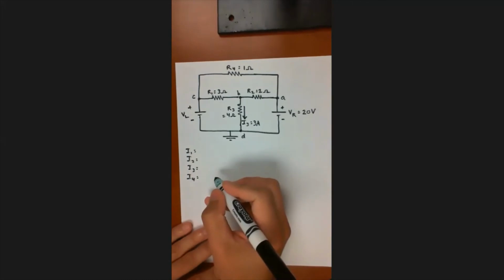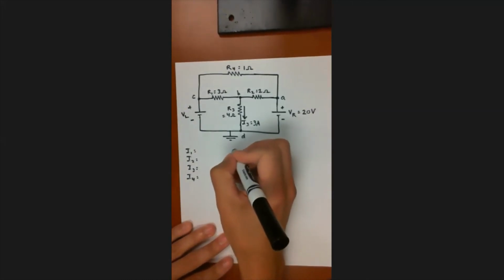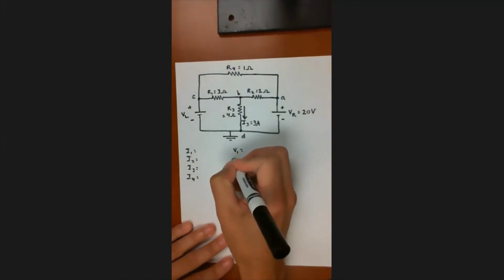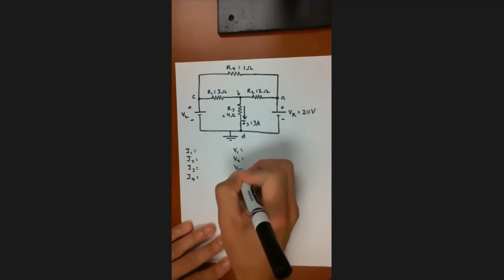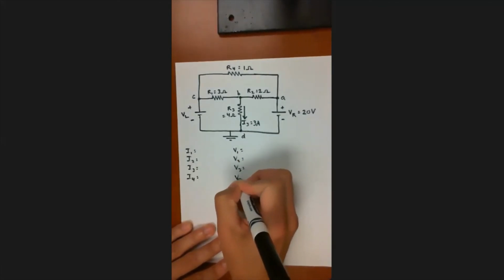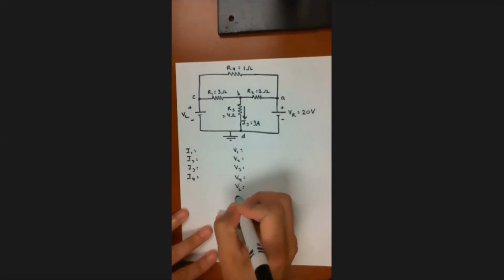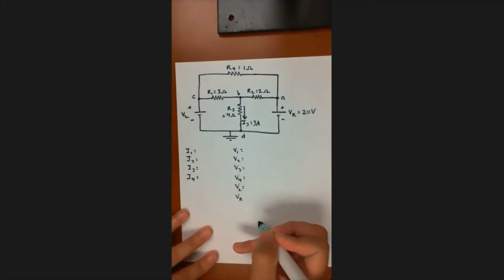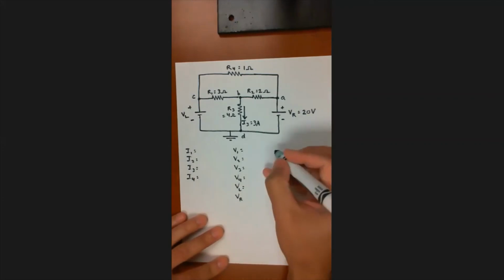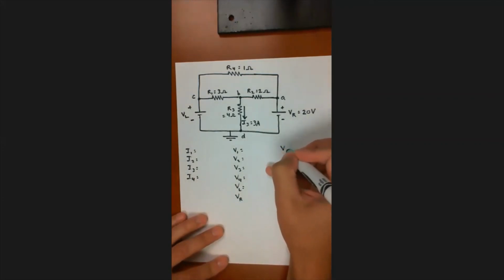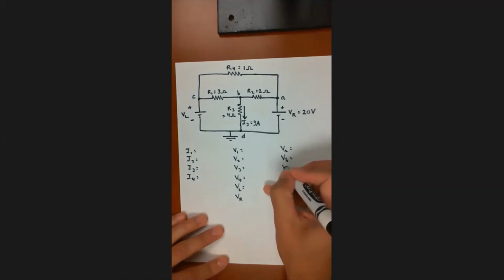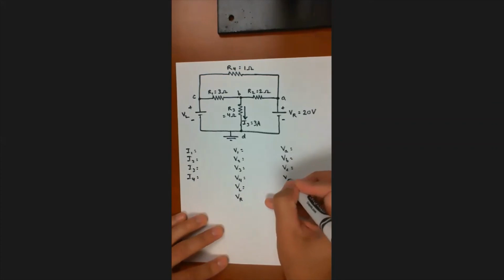I4, and then you need to find V1, V2, V3, V4, VL, VR, and I'll put this over here. And the voltage at node A, the voltage at node B, the voltage at node C, and the voltage at node D, which is given. You should be able to fill that one right in.